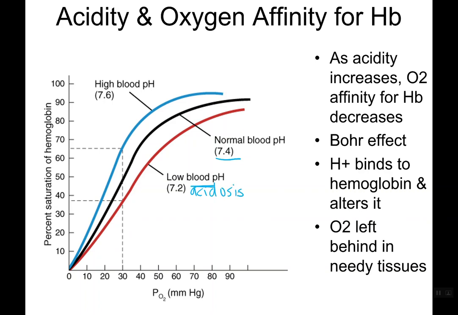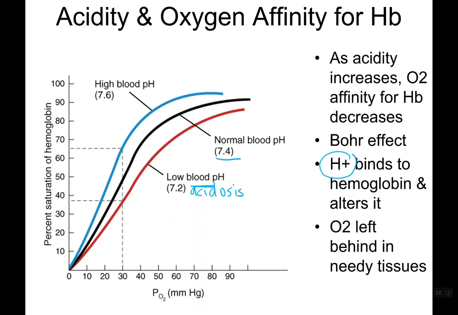And remember, the pH scale is logarithmic, so although this doesn't seem like a very significant difference, because it's a factor of 10 on the y-axis for the pH scale, that's quite a difference in number of protons. So the percent saturation of hemoglobin, so how many hemoglobins are actually full of oxygen, is going to be less for the same partial pressure of oxygen, because there's more protons around, encouraging hemoglobin to give up its oxygen. The converse is true as well.